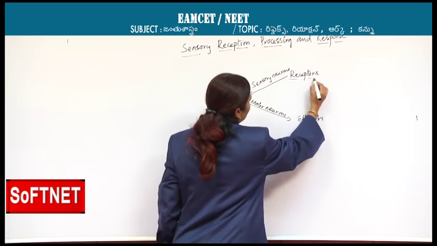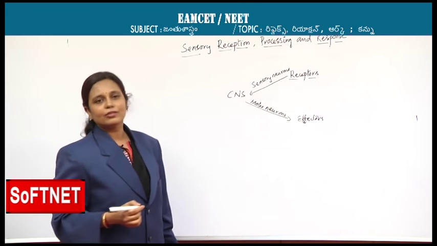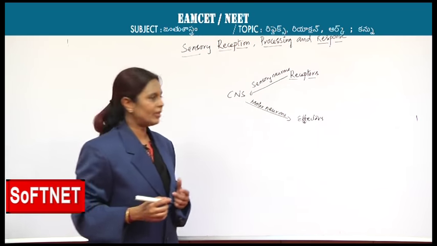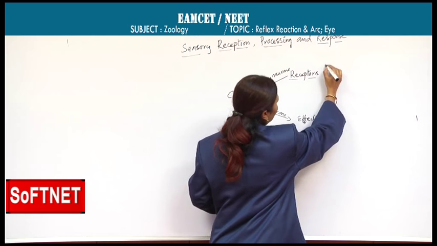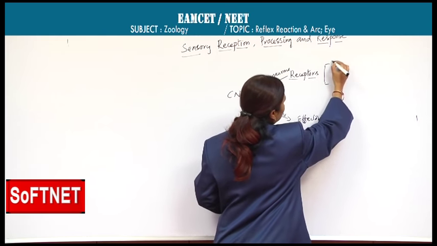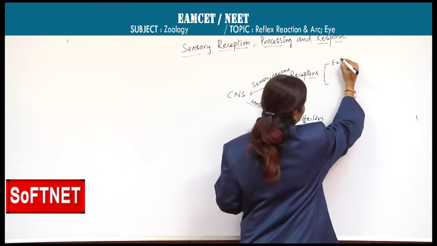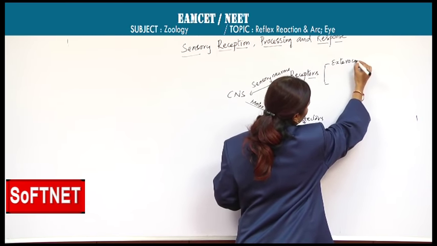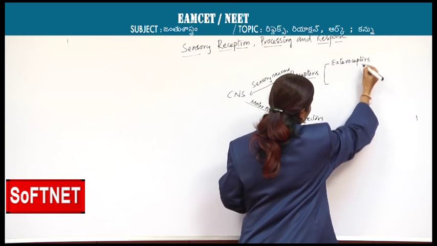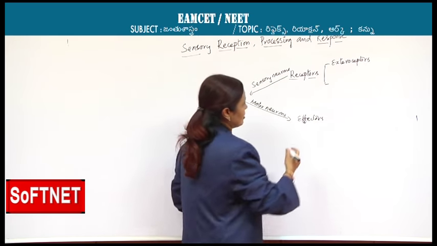Then when you come to these receptors, there are basically two different types. What are they? Number one, external receptors, otherwise called exteroceptors.